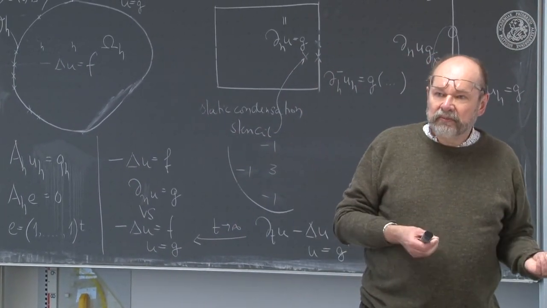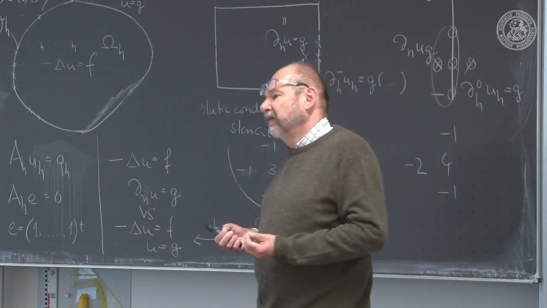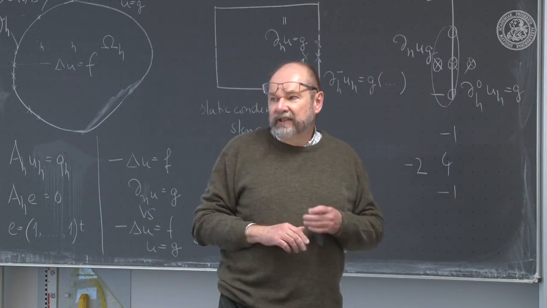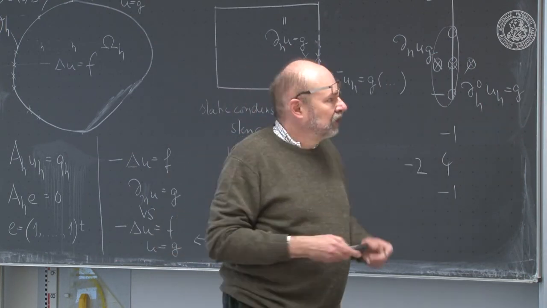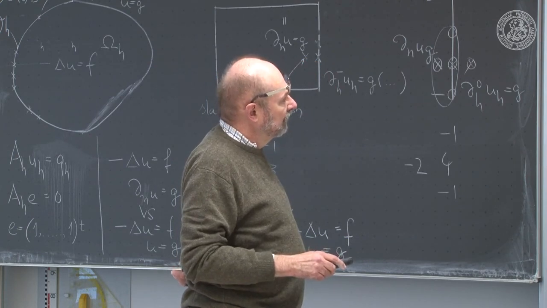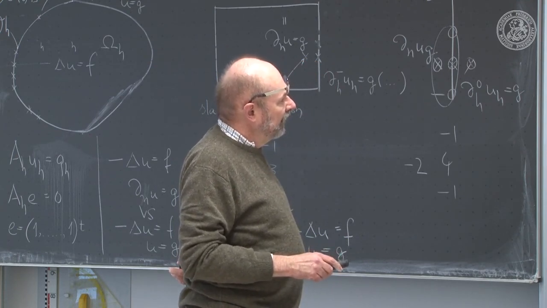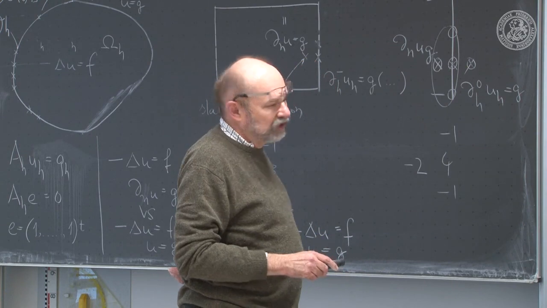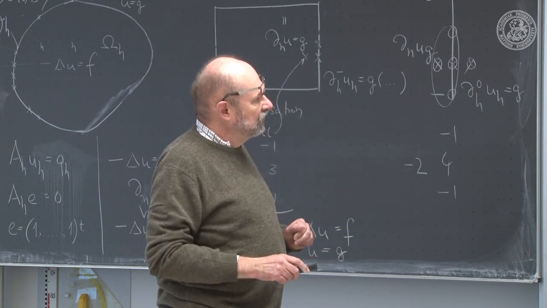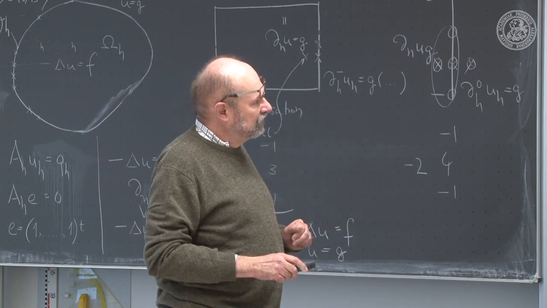And this maximum principle, as we will see, is closely related to what is also called a comparison principle, and in the end to the stability with respect to the infinity norm. So what is the maximum principle for the Poisson equation? We have to have a right-hand side which is less or equal to 0, so we have a sink and not a source, in shorthand f less or equal to 0.